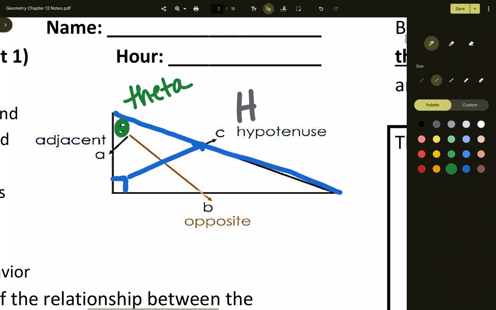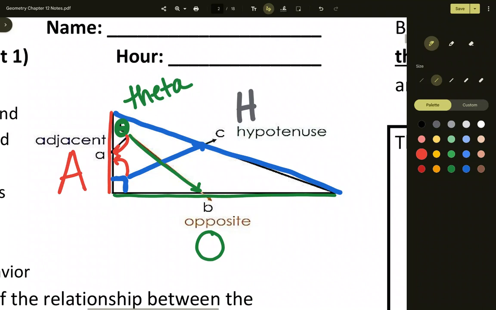So when we're looking at that particular corner, and I want to compare the sides that are given, across from theta is going to be the opposite side. So down here, this is the opposite side. I'm going to abbreviate that with an O. And then the side that is next to theta and next to our right angle is the adjacent side. I'm going to abbreviate that with an A.